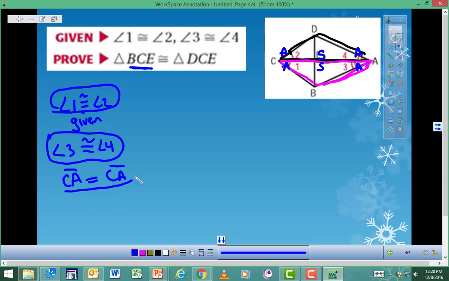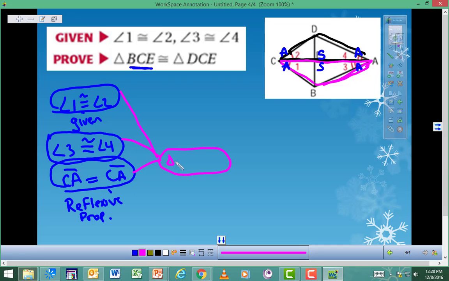Now, the reason that I can use this is called what? Reflexive. It's called reflexive property. So now what I want to do is use this piece, and this one. And that's going to allow me to say the top triangle is congruent to this one.